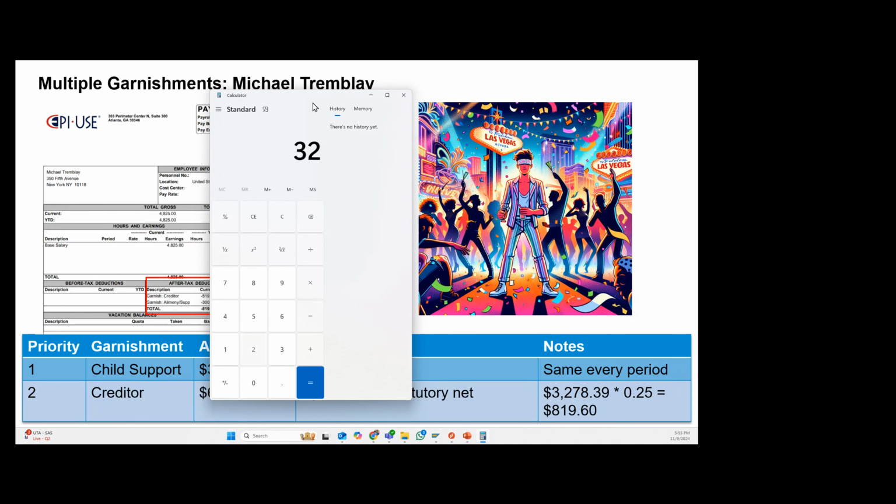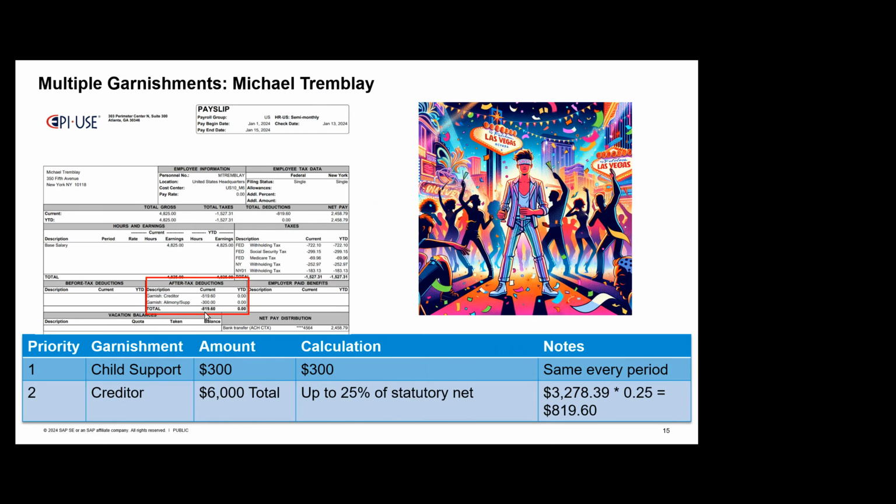That means for Michael, if his net amount is 3,278.39 times 0.25, the amount that can be taken is $819.59 or 60 cents. And that's the total amount that the garnishments are here. I do have the priority set here, which SAP will respect.